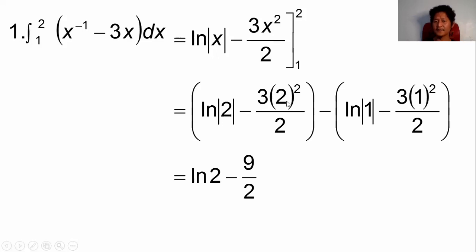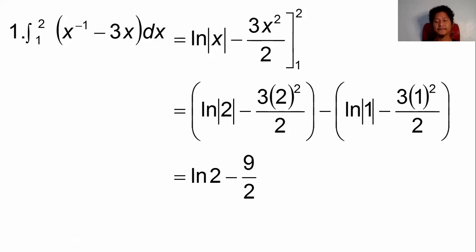So this will be 12 divided by 2. So this is 6. So negative 6. Minus, so this is negative. So plus 3 halves. So 6 minus 3 halves will just be negative. Negative 6 plus 3 halves, so that will be negative 9 over 2. Okay, and then ln 1 ulit is 0. ln 2 is just ln 2.